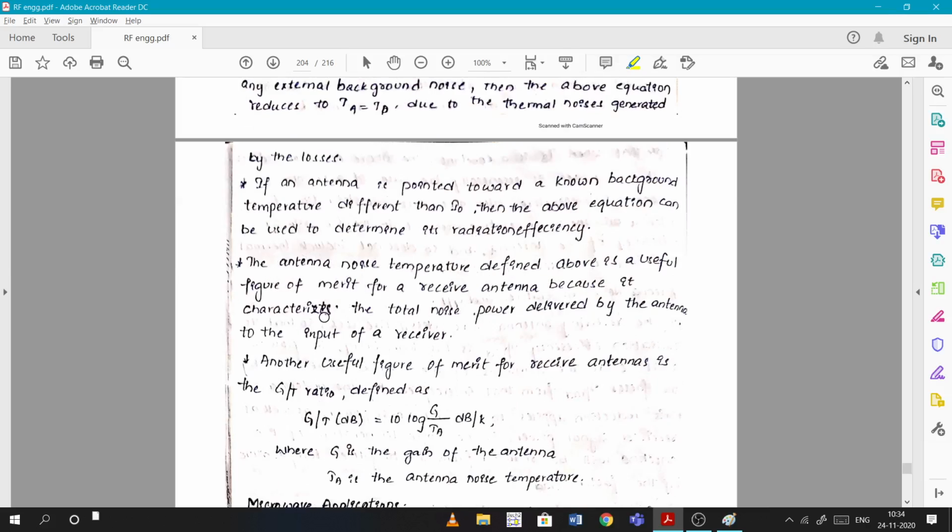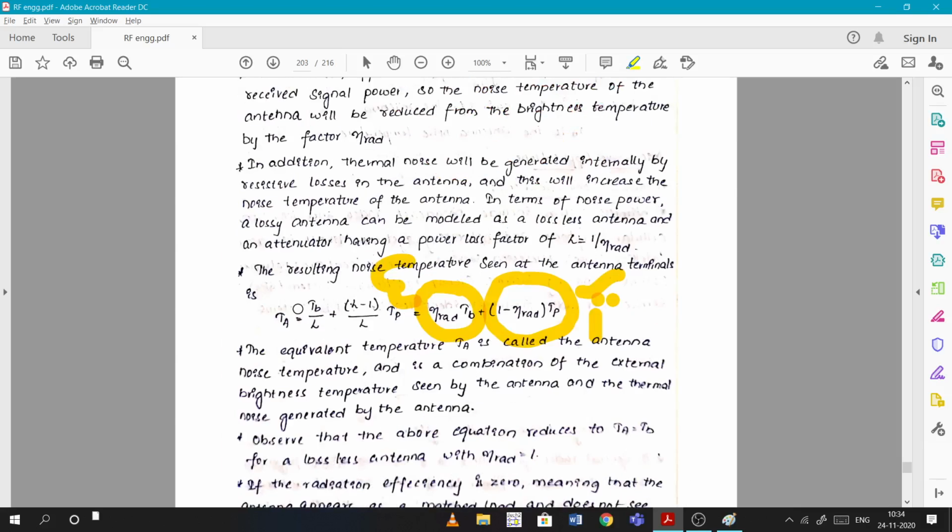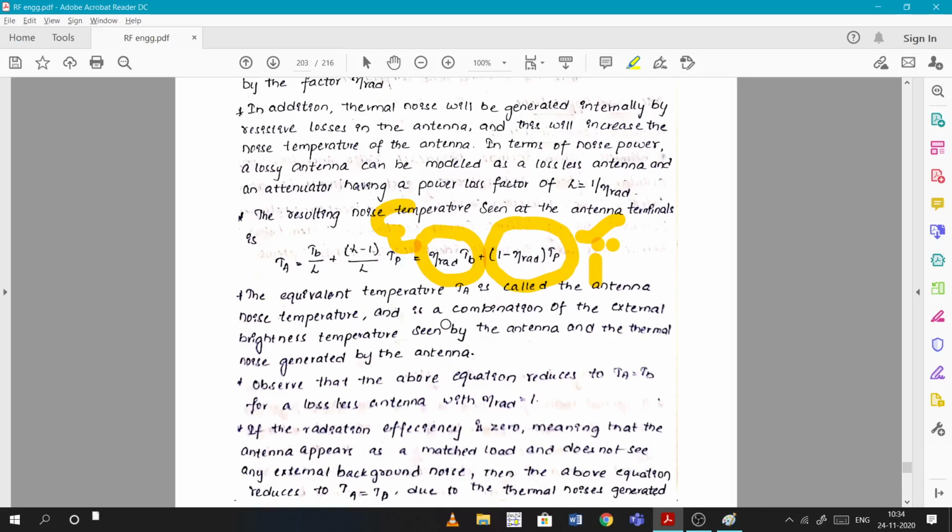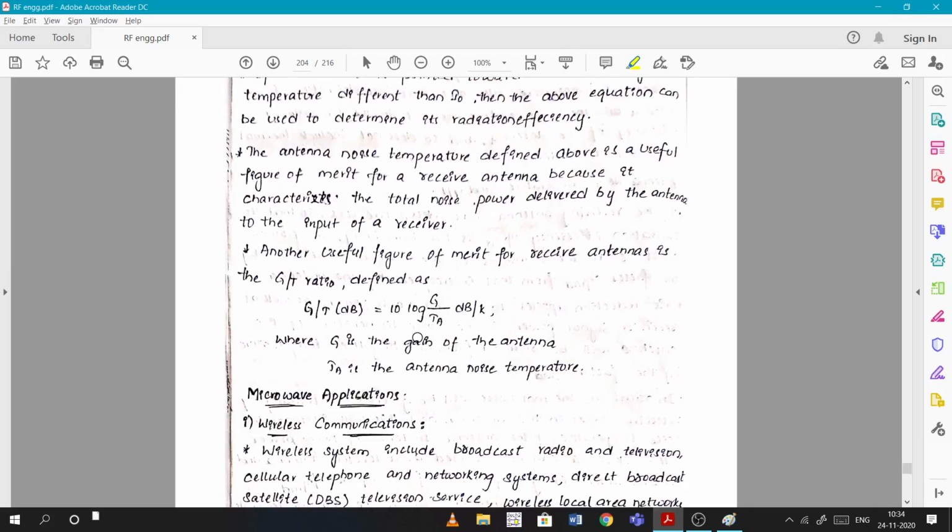The antenna noise temperature defined above is a useful figure of merit for a receiver antenna because it characterizes the total noise power delivered by the antenna to the input of a receiver. So this is an important relation, defining how much internal and how much external noise is present.